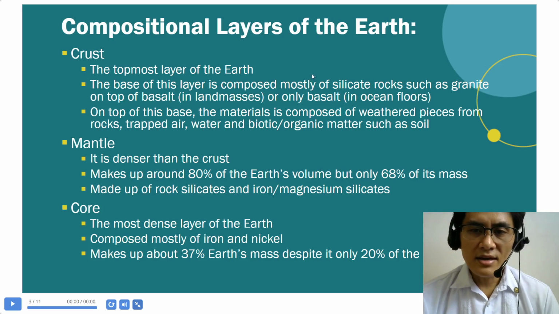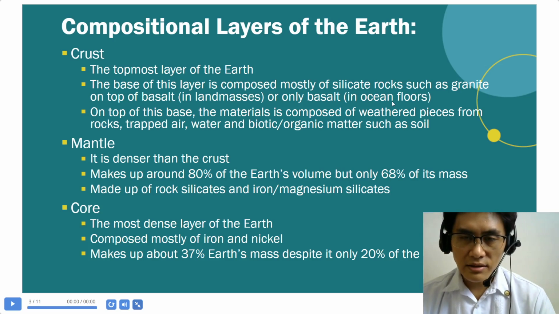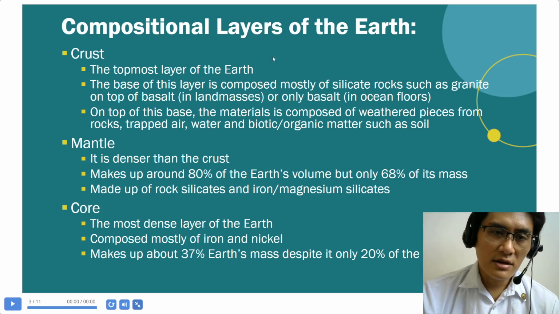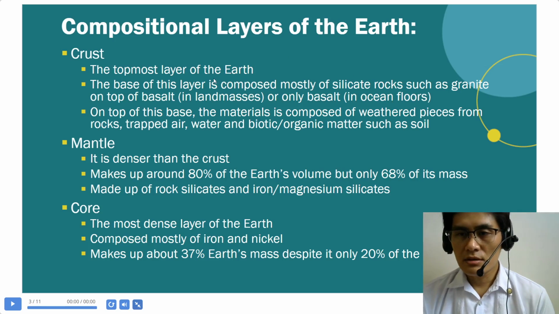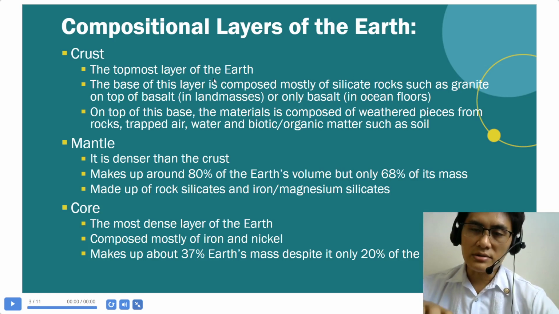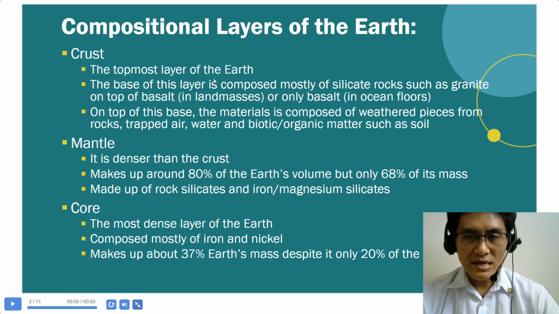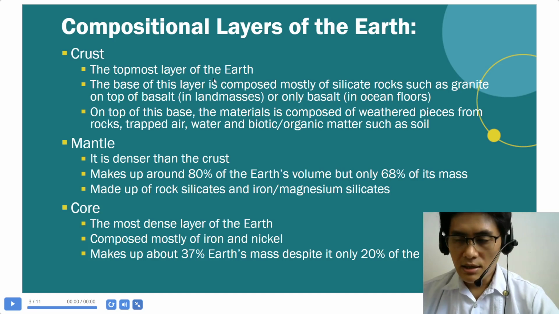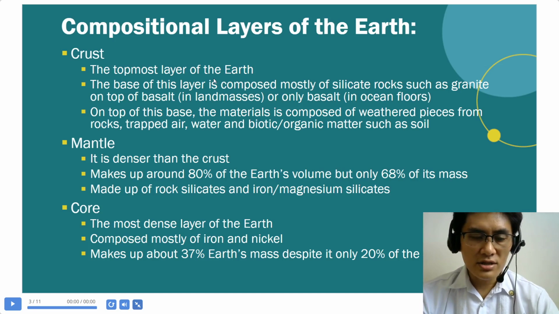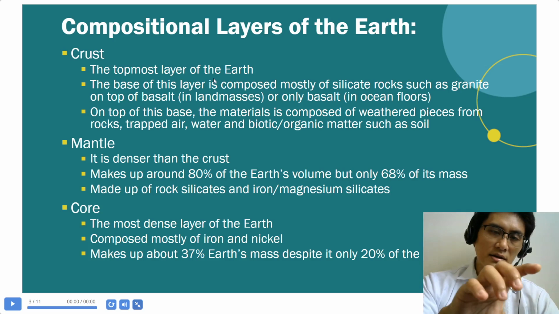But the thing is, if you're in an ocean floor, what you can find is that basaltic rock or basalt. And then if you are in the land masses, then you would have a basalt layer, and then on top of that is granite. Okay? So, again, the crust is made up basically of a base rock layer, which is basalt in the ocean, and in land masses, basalt and then granite.